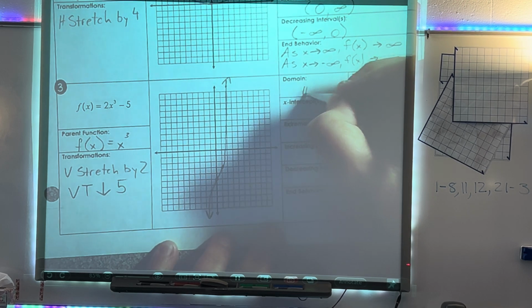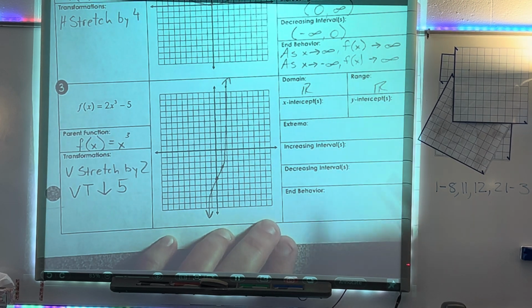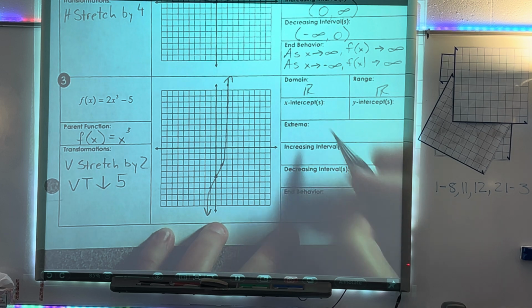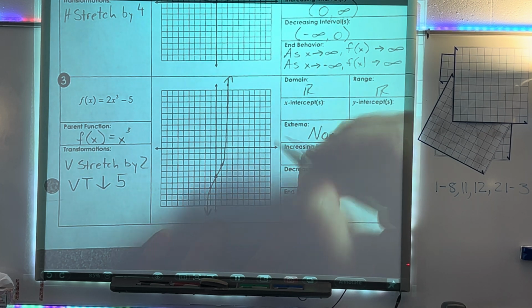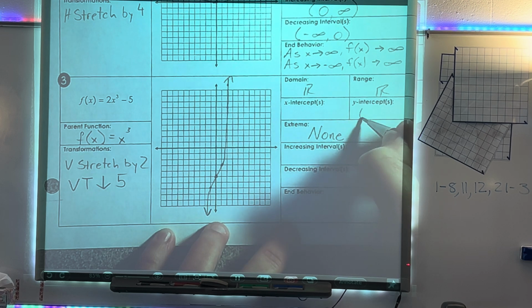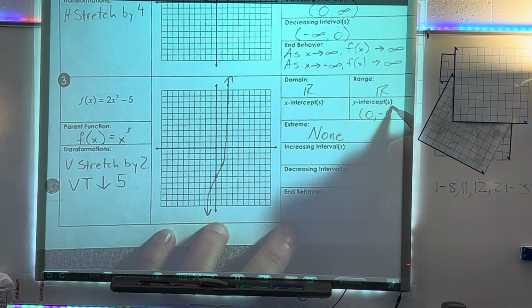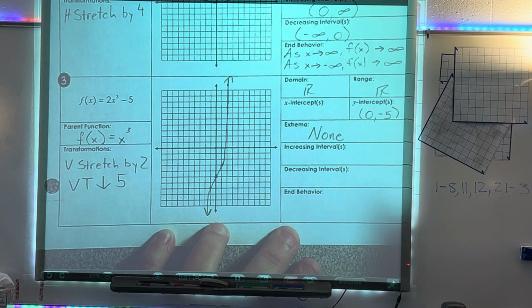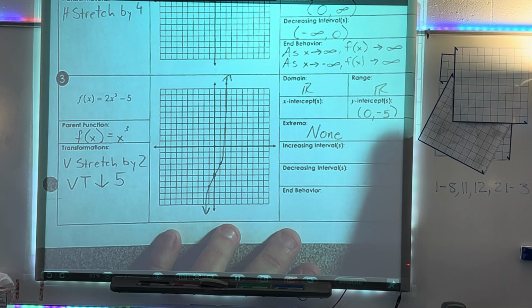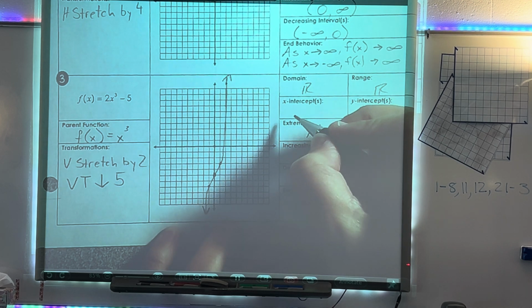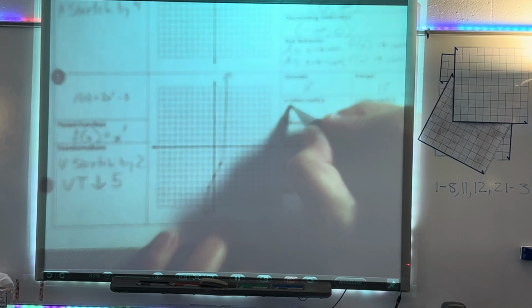Alright, domain and range, both all reals there. And x cubed has no extrema. Y-intercept is at negative 5, so we got that one. X-intercepts, did y'all get any from the calculator, anybody? It could be 1 and some change.